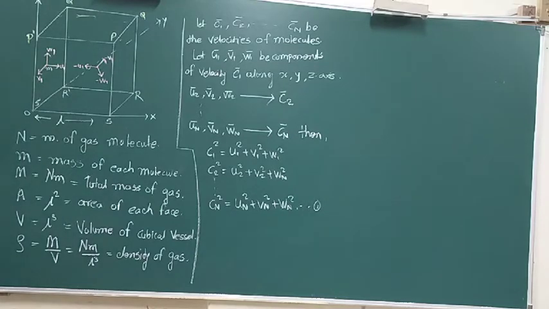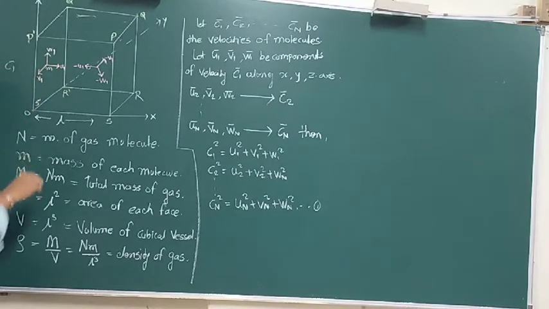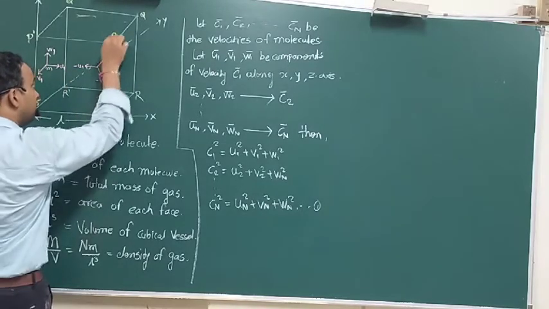So these are the velocities. Now let us consider a molecule of mass m which is moving with velocity c1 bar towards the wall PQRS.